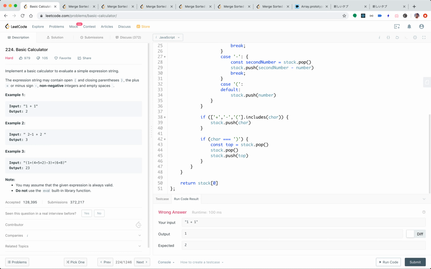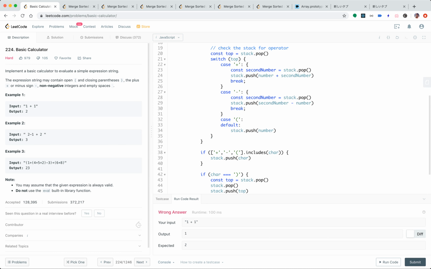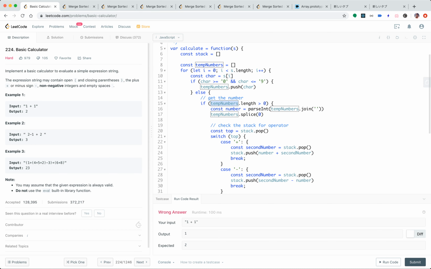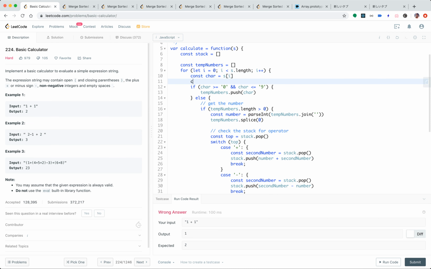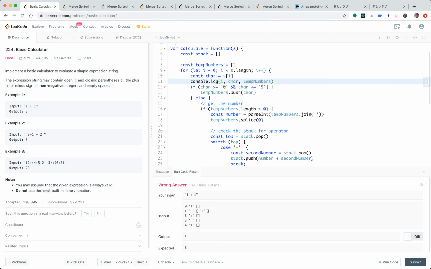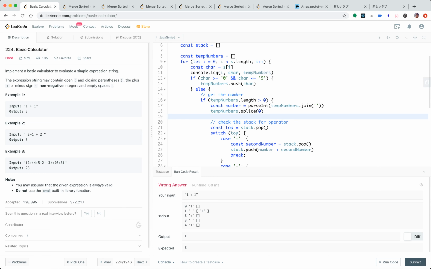We do nothing. And then we found plus, we push it. And then we found another number. Console log i, character, temp numbers. Okay, because it's 0, 1, empty, empty, empty, empty.